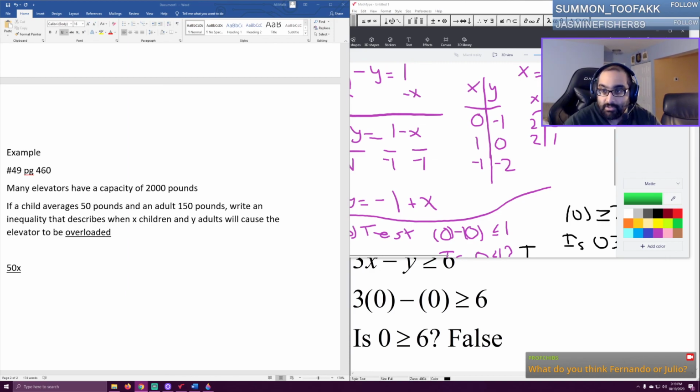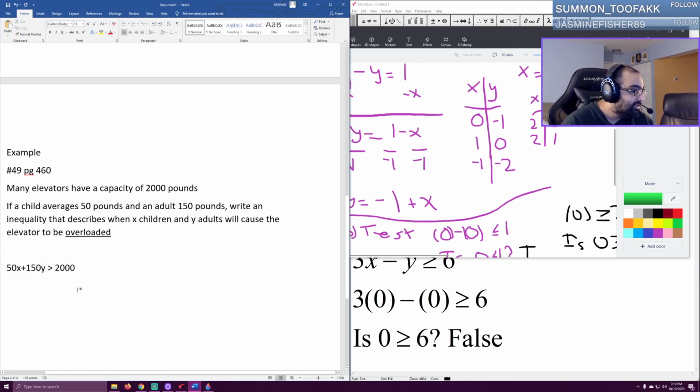So in this particular case, we get 50x for the kids, plus 150y for the adults. And for them to overload, that'll be above 2,000. So we get 50x plus 150y is bigger than 2,000. All right?